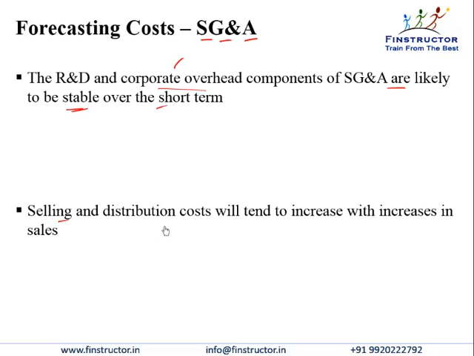The selling and distribution costs, that is advertising expenses or commissions paid to distributors, etc., will tend to increase with increases in sales. So a part of the SG&A will remain constant and will be easy to project. A part of the SG&A will grow in line with sales, so you will have to project it accordingly.